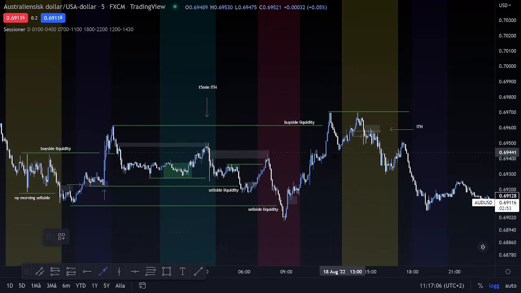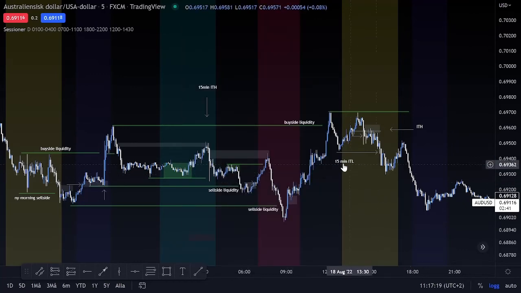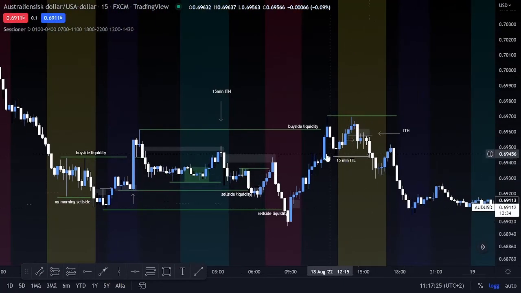We also have a break of this low here, which is a what? 50-minute intermediate low. So we have a little bit more of a higher time frame breakdown. See here, rebalance and breaks down.